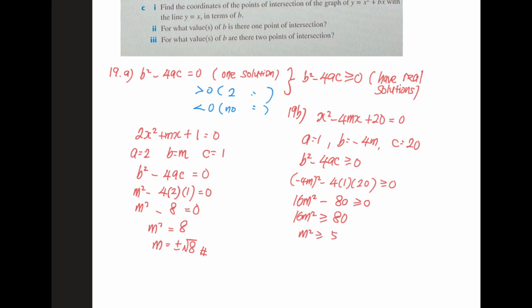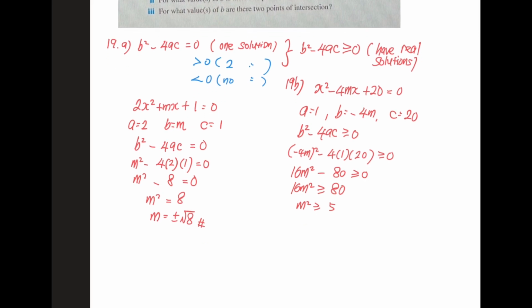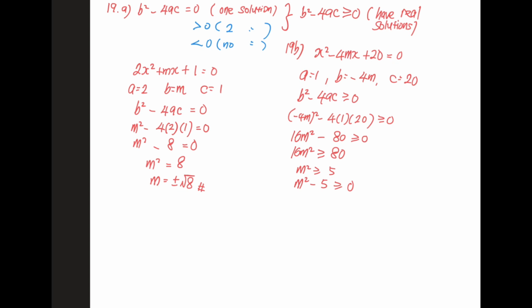Okay, so when you reach here, there are a few methods to continue. One way is we factorize it like this, m squared minus 5 more than or equal to 0. And then we use the formula a squared minus b squared equal to a plus b times a minus b.